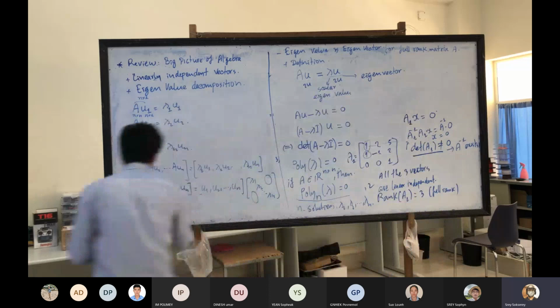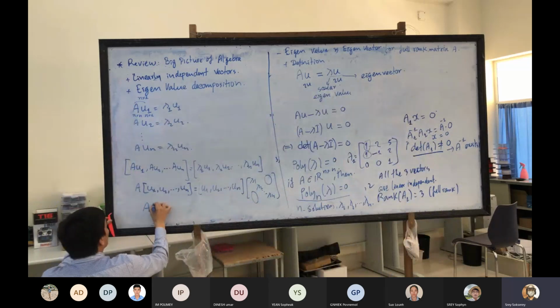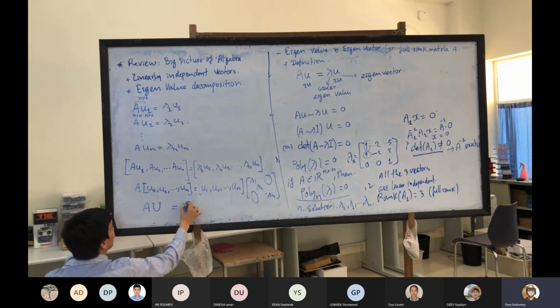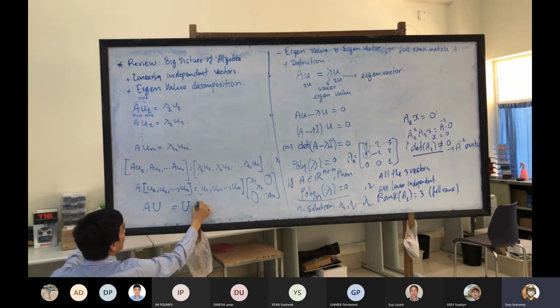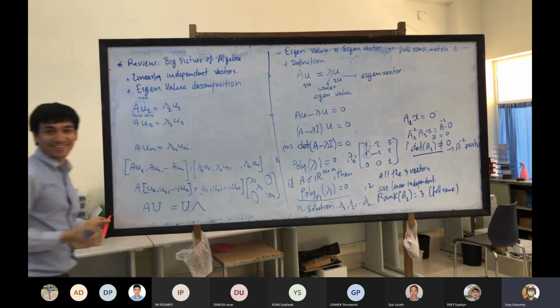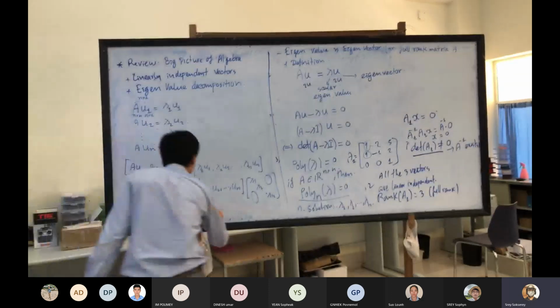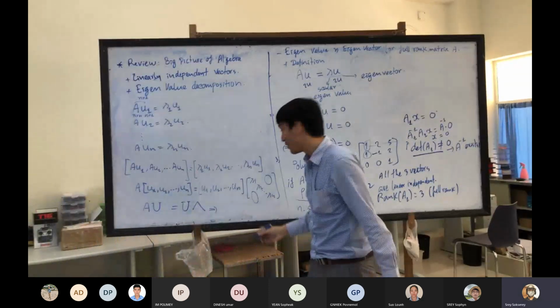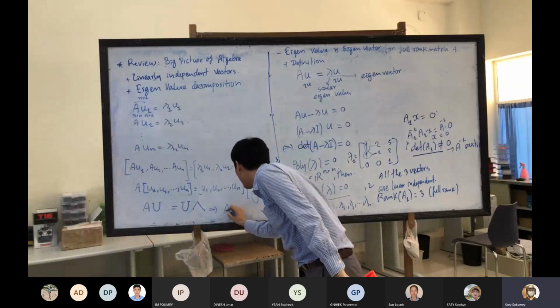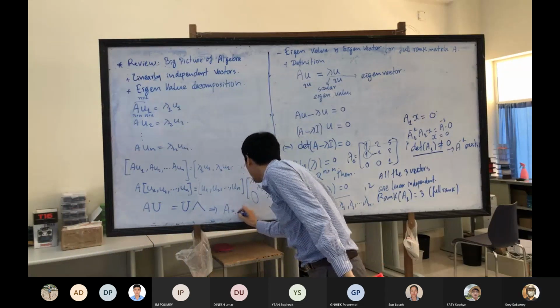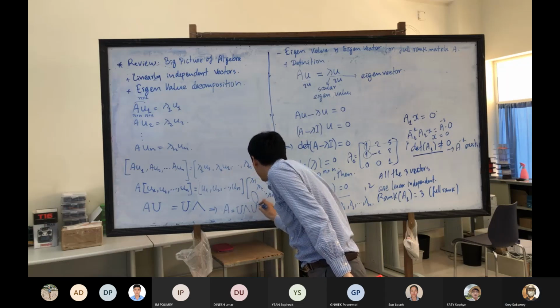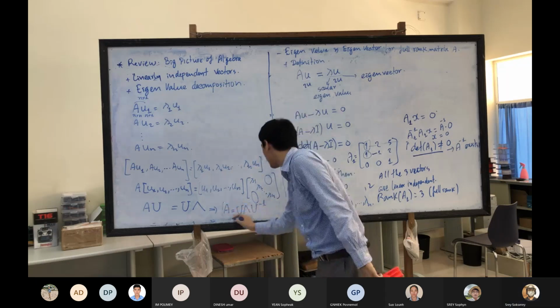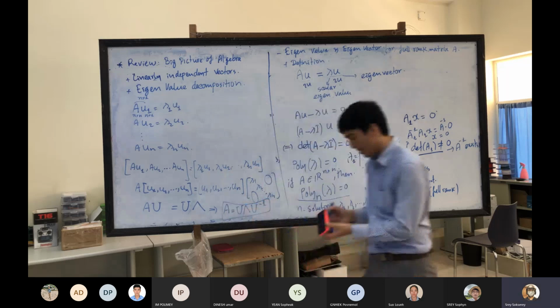So here I can write A times capital U equal to U times lambda. Lambda is diagonal. Finally, eigenvalue decomposition is A equal to U lambda U inverse.